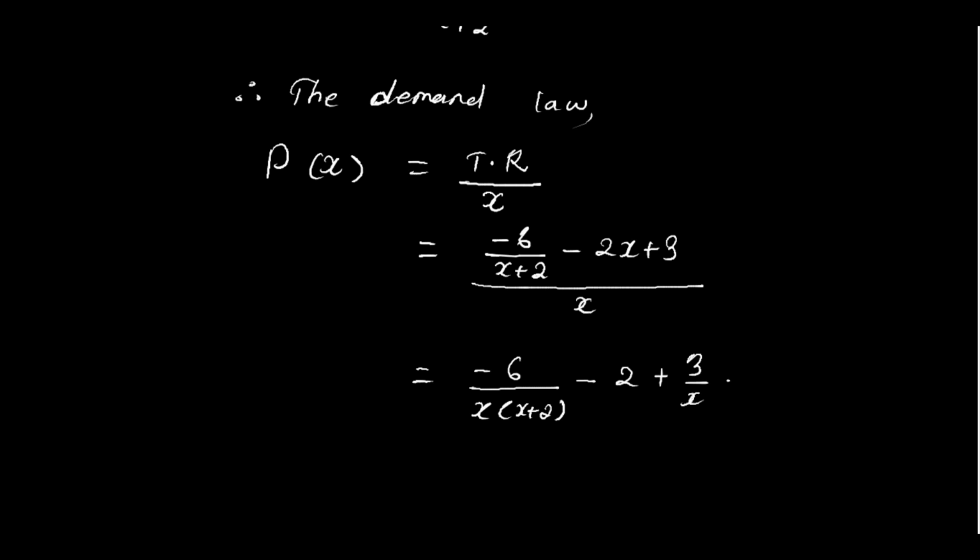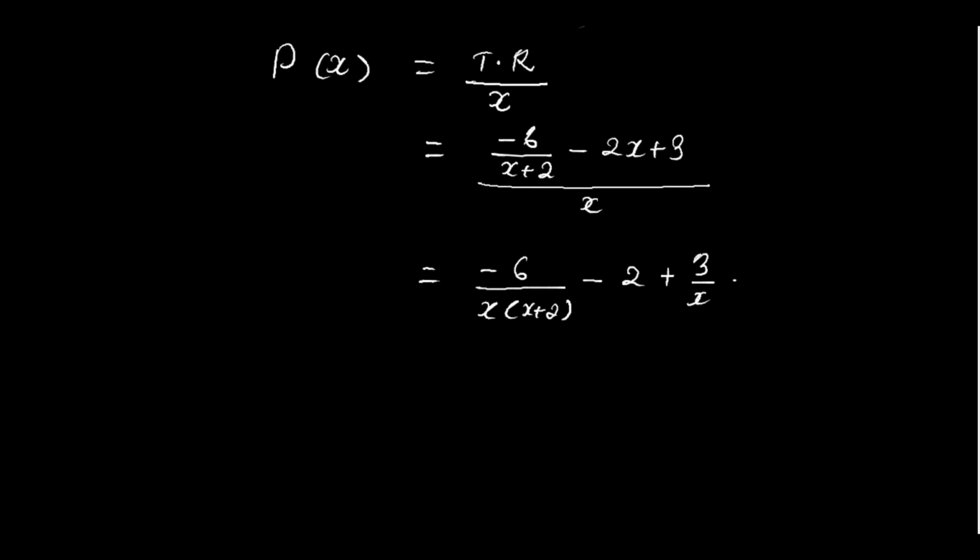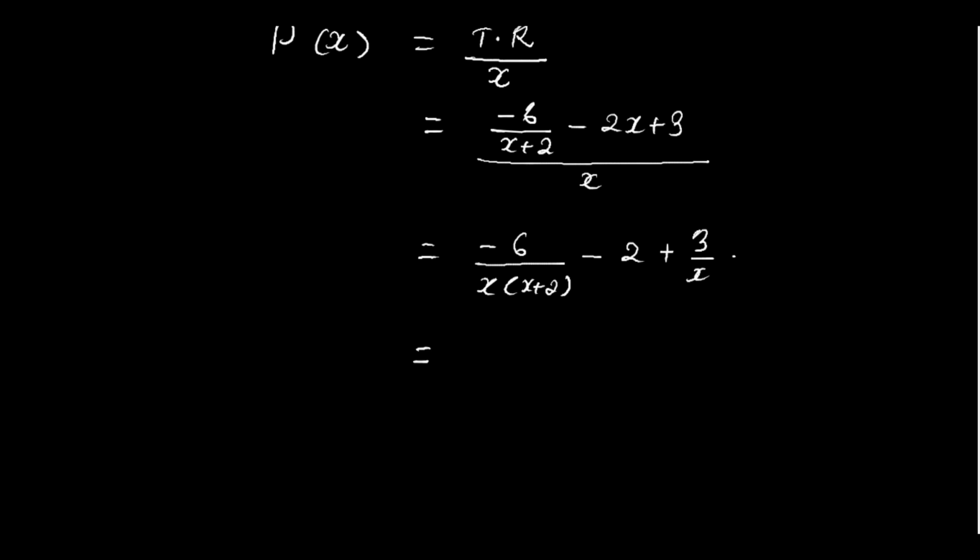which is equal to, first we take the LCM of these two, because we have to prove minus 2 in the same position in the equation, in the same way. So we take the LCM of these two. The LCM will be x plus 2.